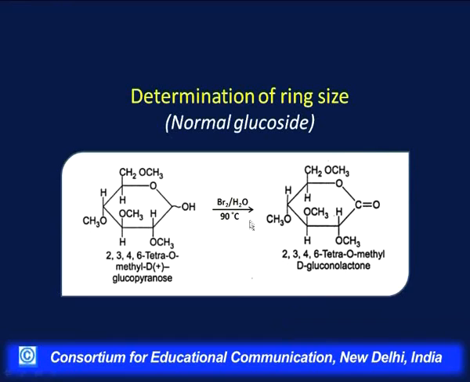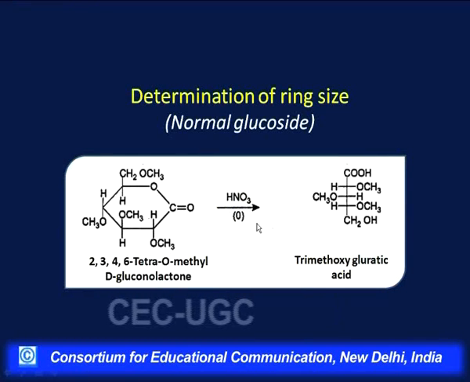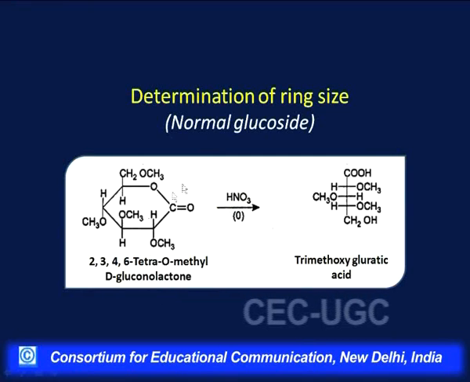This is oxidized by bromine water. So, this ring opens, this becomes aldehyde, then again ring formation. So, this becomes a cyclic ester, that is the lactone, and we call this compound 2,3,4,6 tetra O methyl D gluconolactone. And then this lactone is finally oxidized with nitric acid. Now, what will happen?